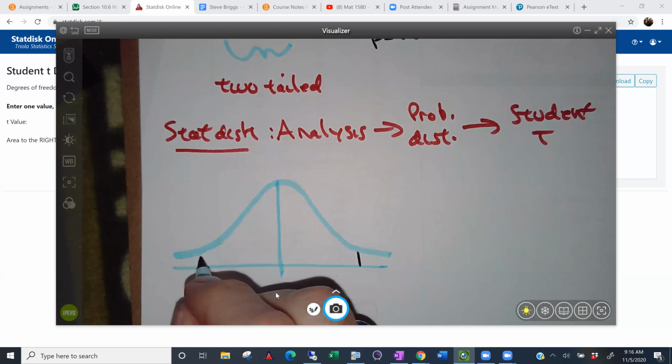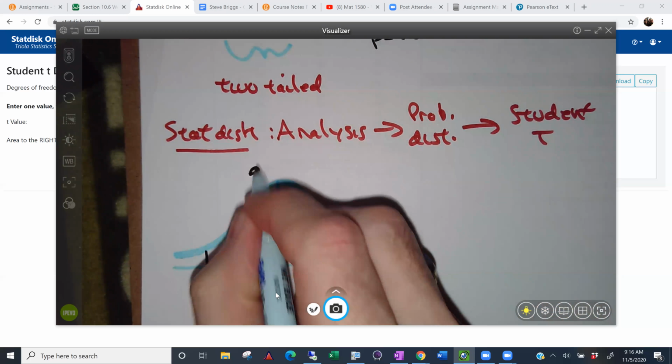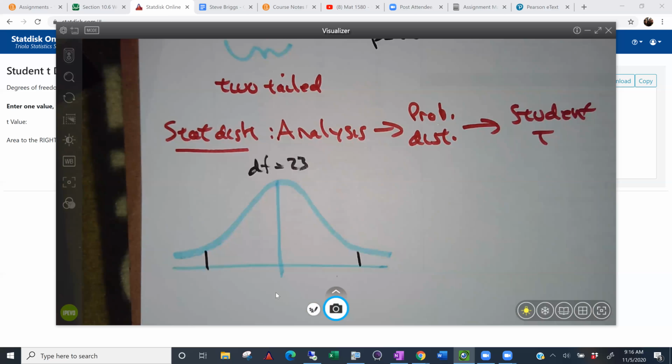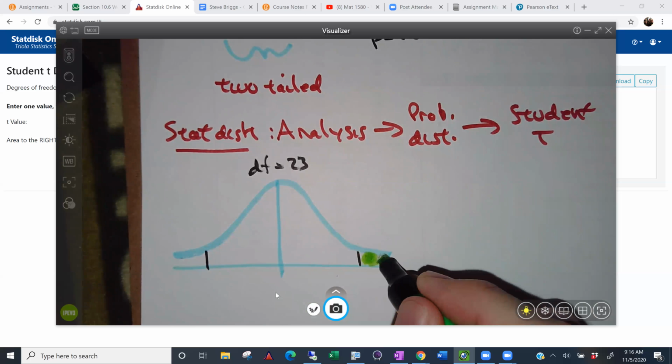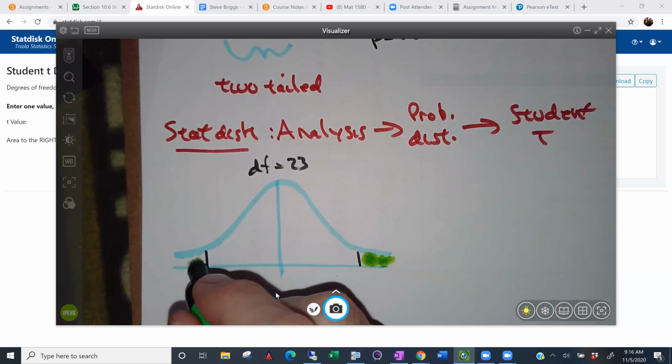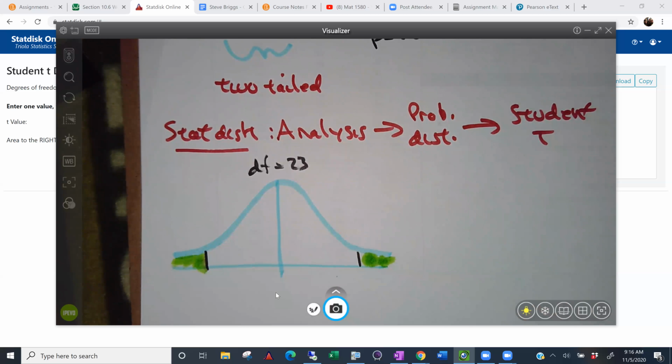So here and here, degrees of freedom equals 23. Getting that area out here. Now, if we look, we should see that the area, say to the right of 2.03, should be half of what we just had.